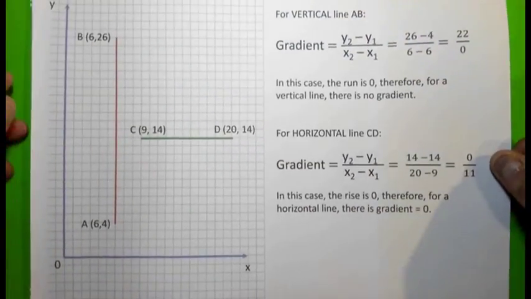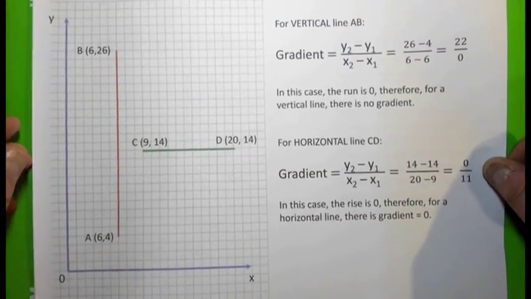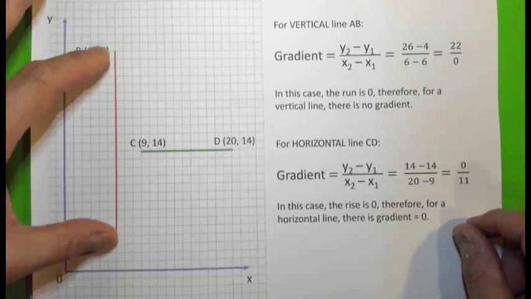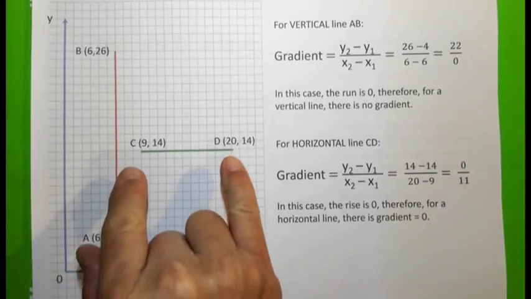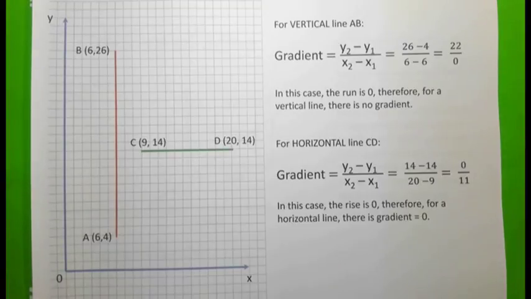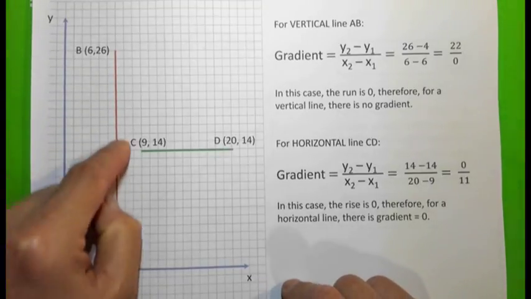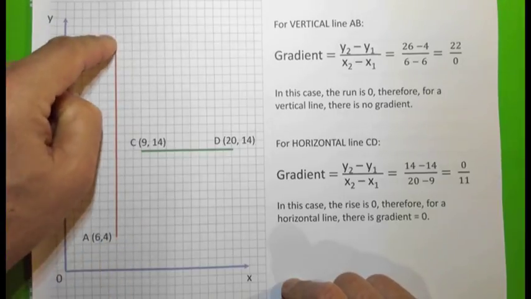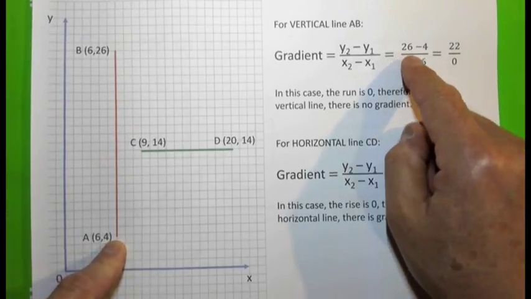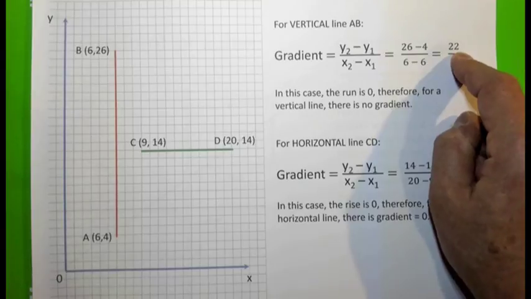Let's have a look at 2 unique cases. One is a vertical line AB and the other is a horizontal line CD. For a vertical line, we know that there's a change in y. y2 minus y1 is 26 minus 4, which is 22.